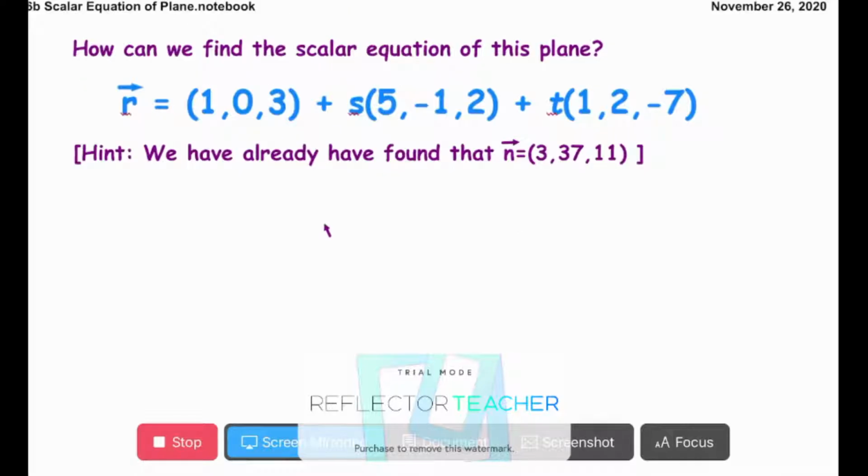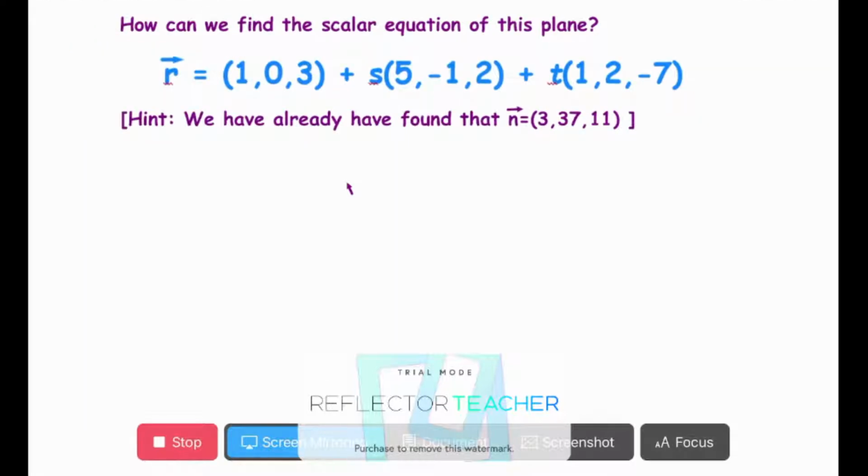In our next example here, we are asked how we can find the scalar equation of this plane. So we're given a plane here in vector form. We have our position, we have 2 direction or basis vectors. Hint, we've already found that n is equal to 3, 37, 11. And we found that 2 pages ago on that example, so you can scroll back up and double check.